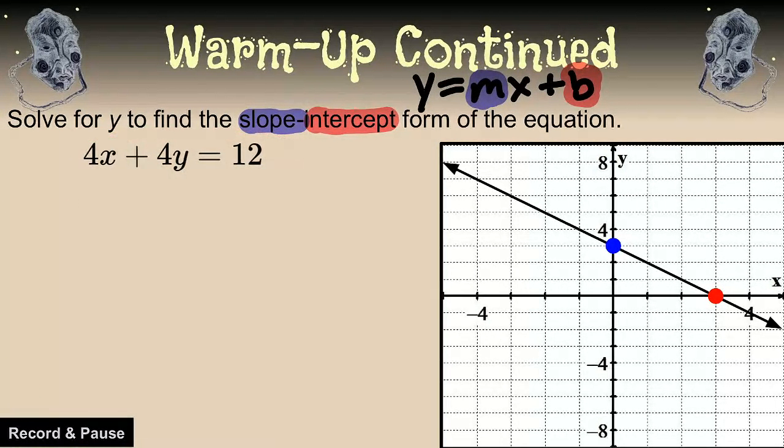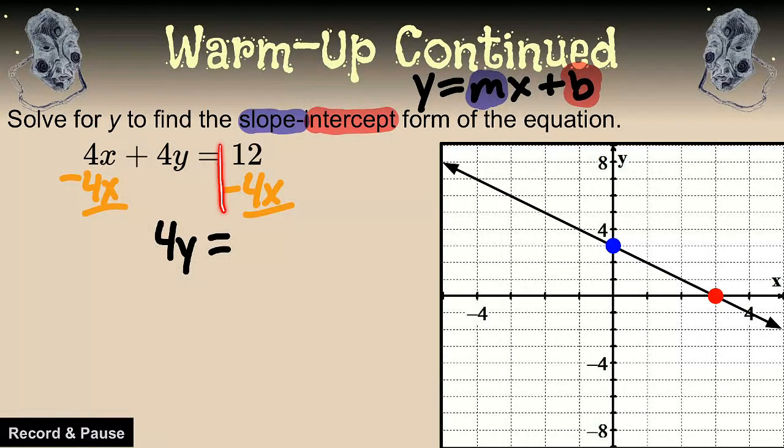So the first thing we do is this 4x is over here with our 4y. So we need to get rid of that. In order to move it to the other side of the equal sign, we subtract 4x from both sides. Now, when we subtract 4x from the left, it just leaves 4y.